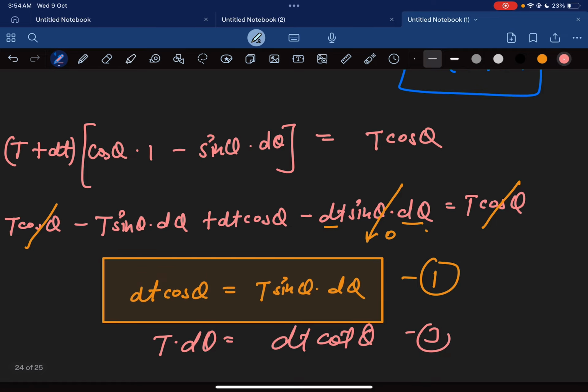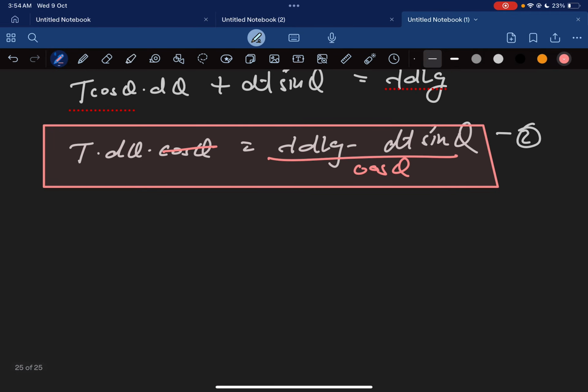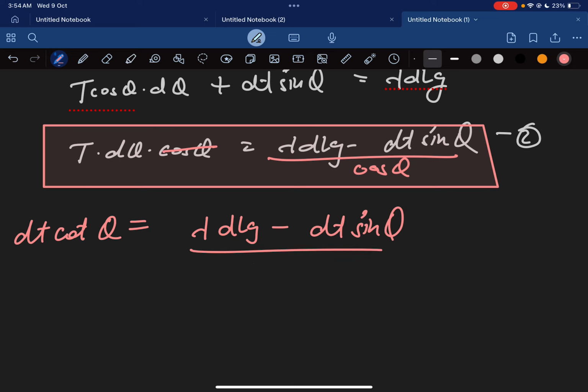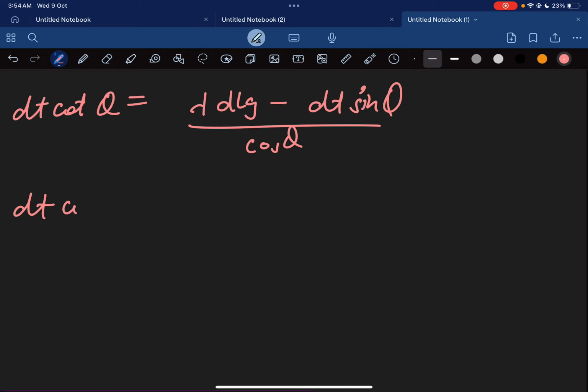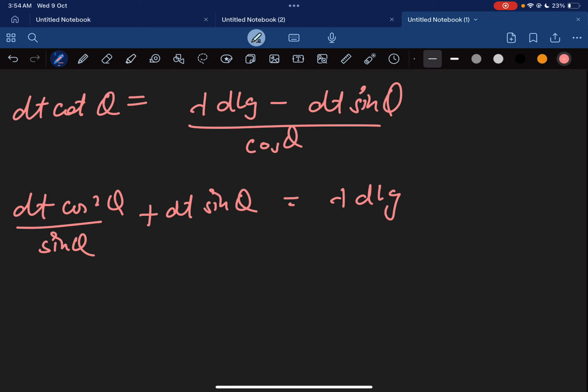So dT cot theta is equal to (lambda dl g minus dT sin theta) by cos theta. It's the same thing, so just multiply cos theta here: dT cos square theta by sin theta plus dT sin theta is equal to lambda dl g.